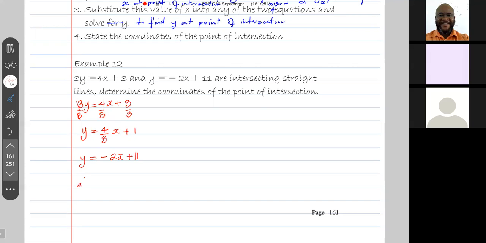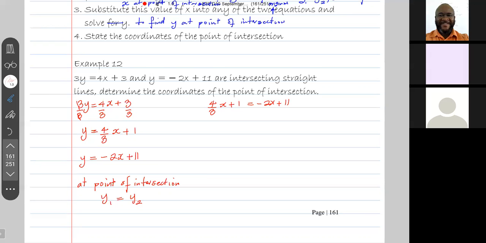Now at the point of intersection, y1 is equal to y2. So I'm going to use that knowledge to form an equation in x. My equation is going to be 4 over 3 x plus 1 is equal to minus 2x plus 11.